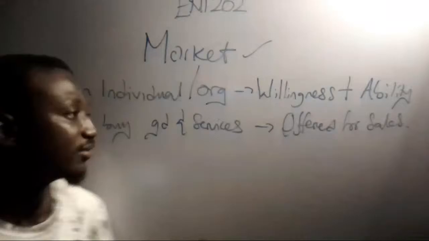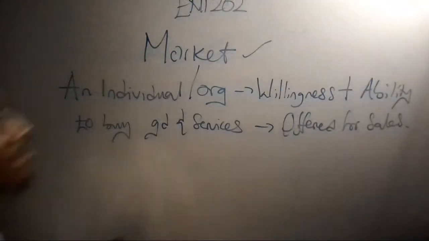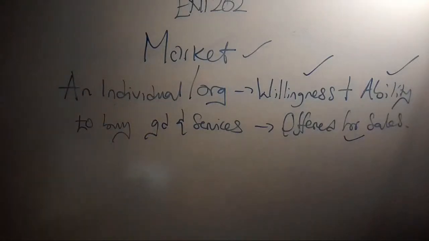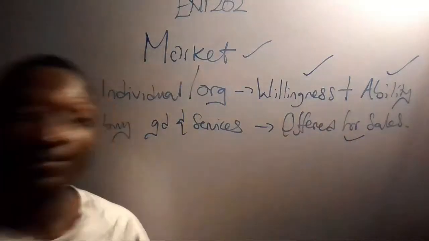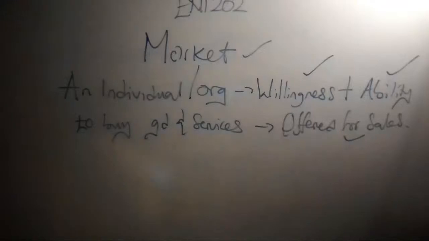It could be anywhere. If that anywhere marks these two factors, and marks these three, offered for sale. It's a different thing to even have the willingness and the ability, but what if it's not offered for sale? So willingness, ability, and offer for sale, then we have markets.